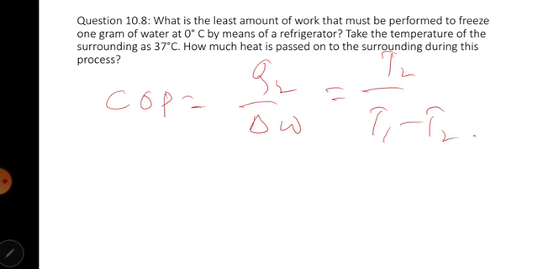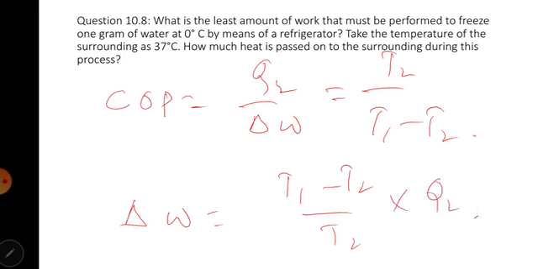So del W is equal to T1 minus T2 divided by T2 multiplied by Q2. Use this formula, find the value of del W. And del W is also equal to Q1 minus Q2. So we have to find two values.